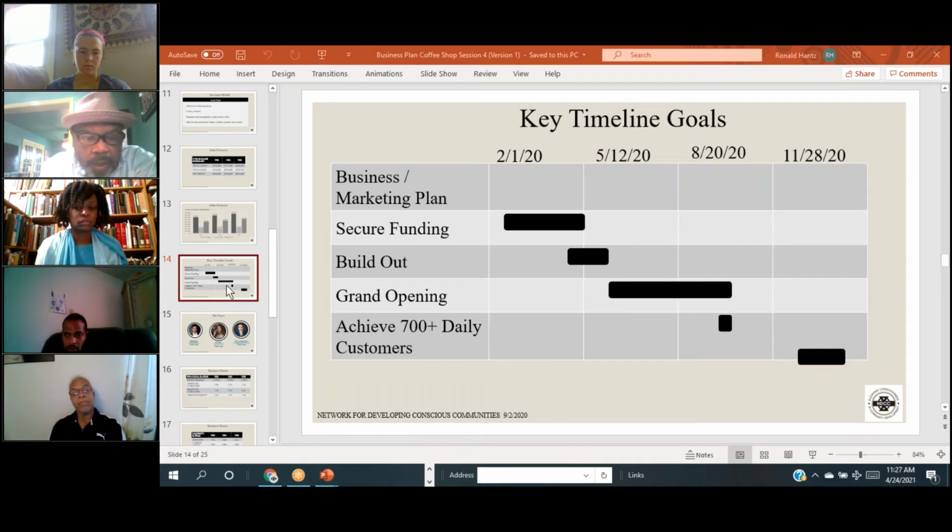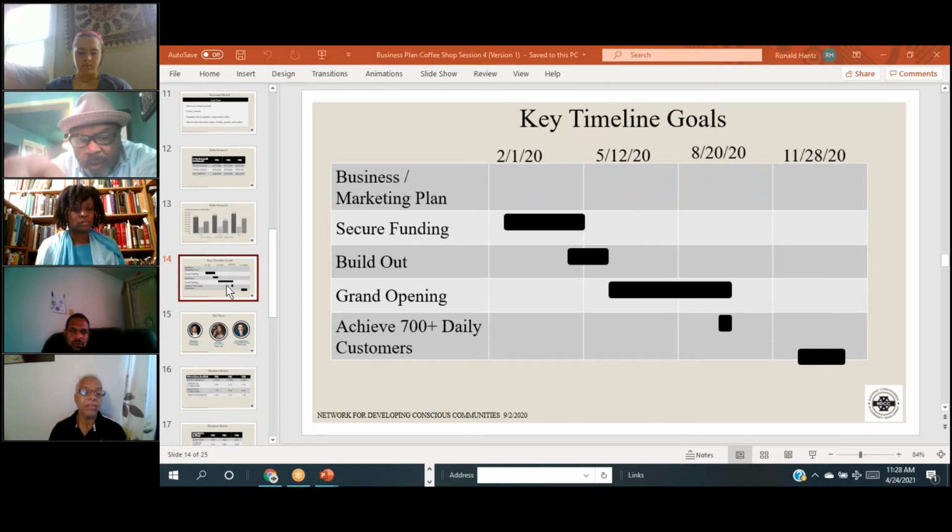And so with this particular coffee shop, they've given some time to their securing funding, the build out of the shop, their grand opening, and what they wanted to achieve in a net period of time in terms of customers. Of course, your timeline will be much different, but nevertheless, you want to be able to develop a timeline for your businesses.